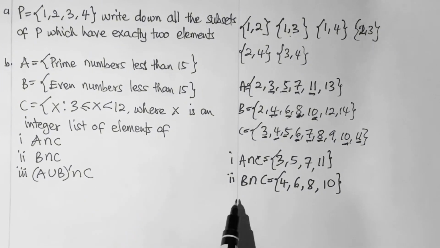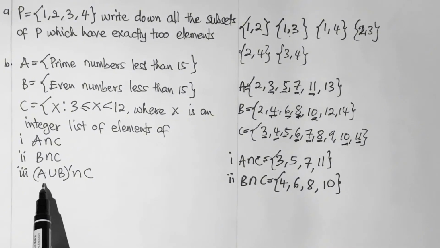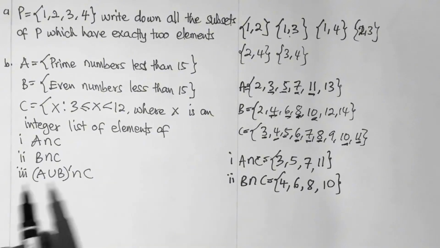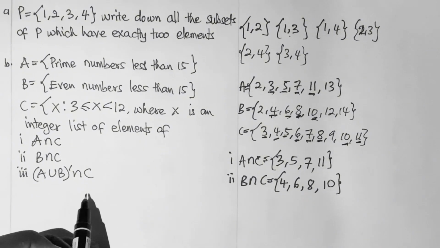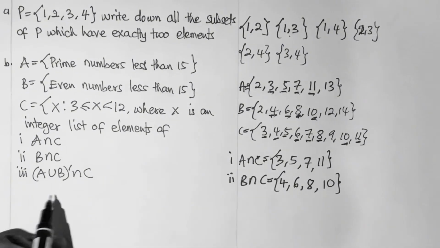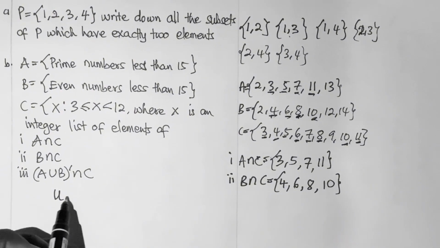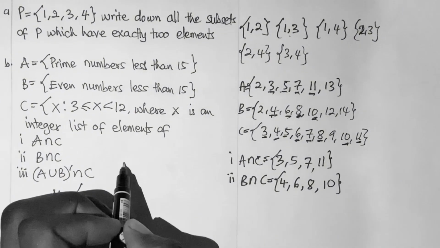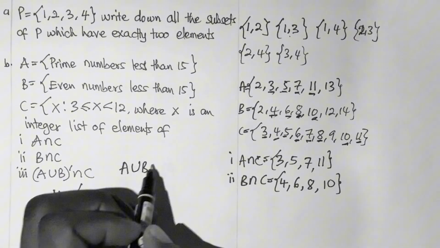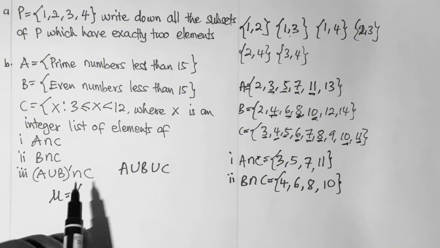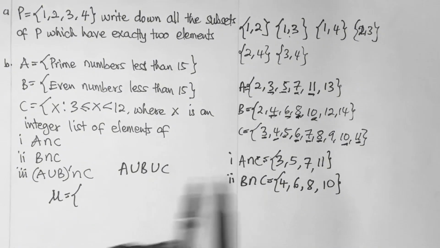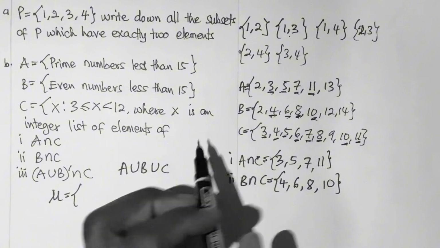And then the last part says we should find (A union B) complement intersection C. So now let's first find the universal set. Universal set means A union B union C. The universal set contains all the elements that belong to A, B, and C. We're not given it, so we need to find it.